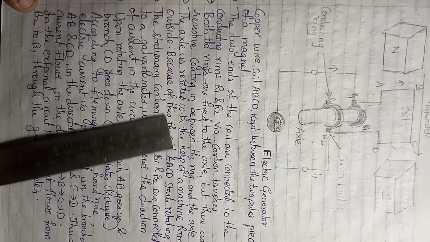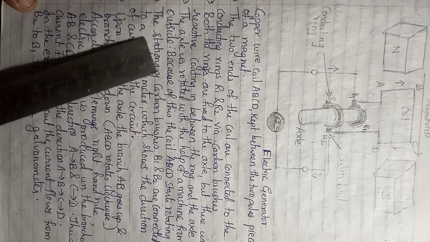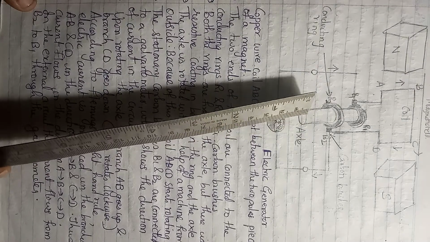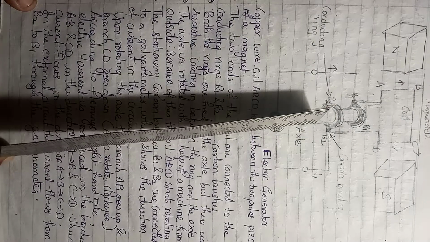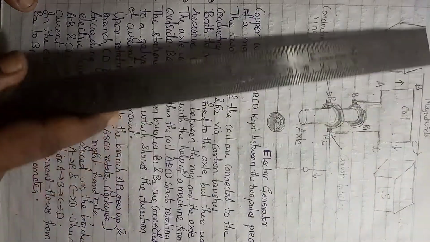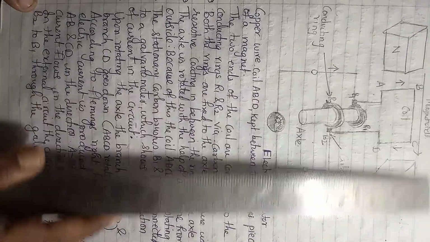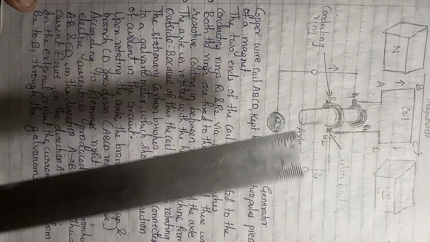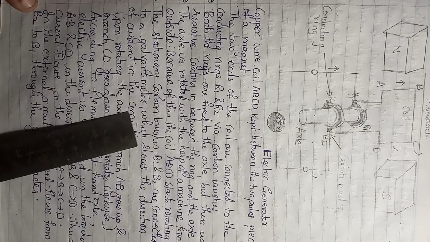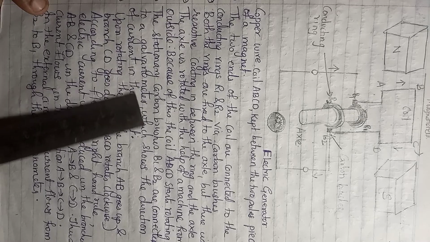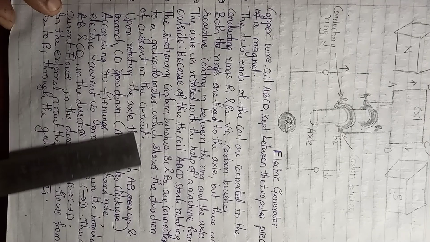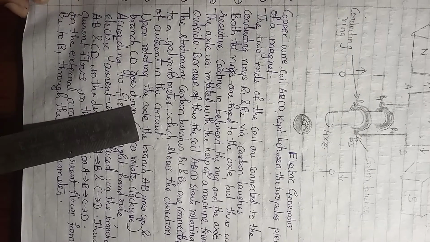The axle is rotated with the help of a machine from outside. As it is rotated, the magnetic lines of force change, and as a result current is induced. The stationary carbon brushes B1 and B2 are connected to a galvanometer which shows the direction of the current in the circuit.